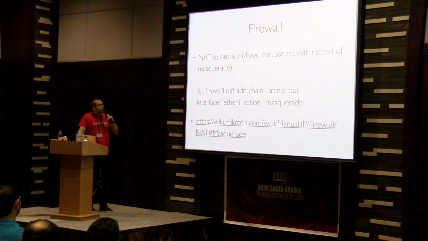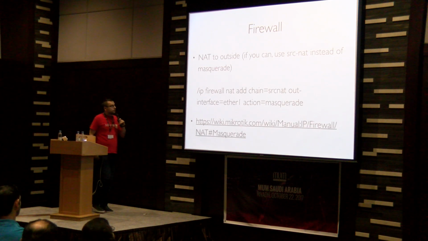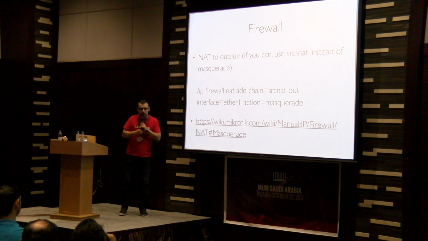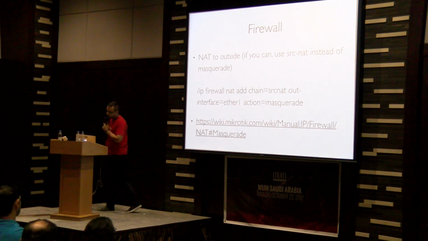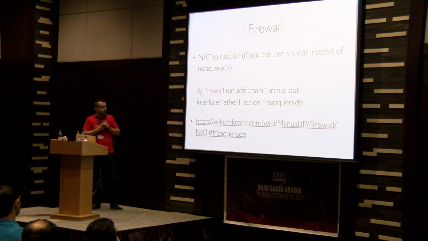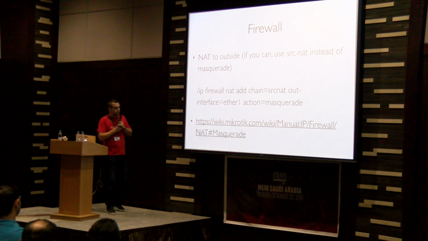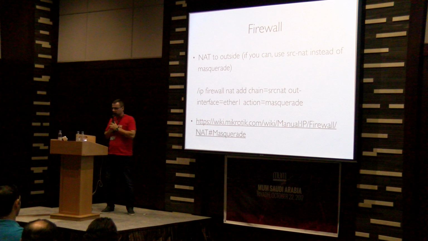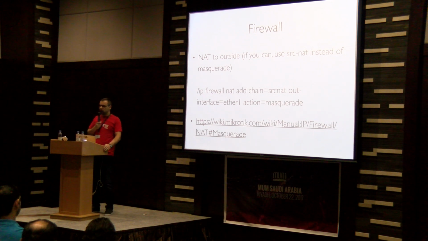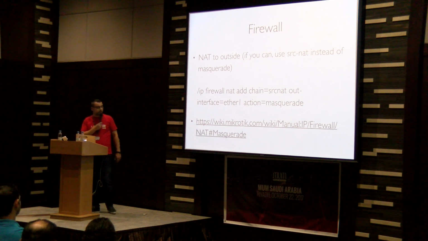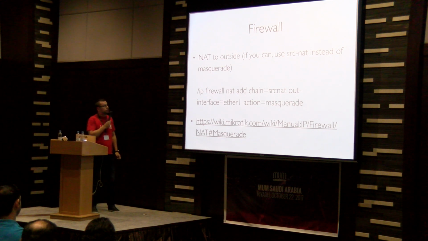So let's move on. As I was telling, if you have public IP address, in most cases you have to mask your local IP addresses, so it would seem for internet provider that all requests come from this one public IP address.